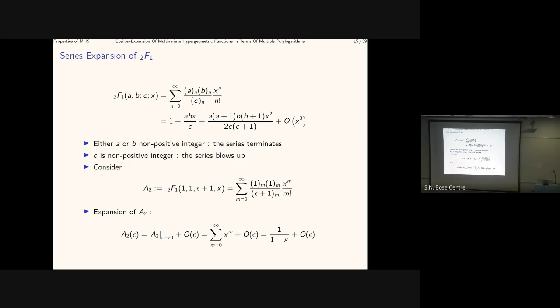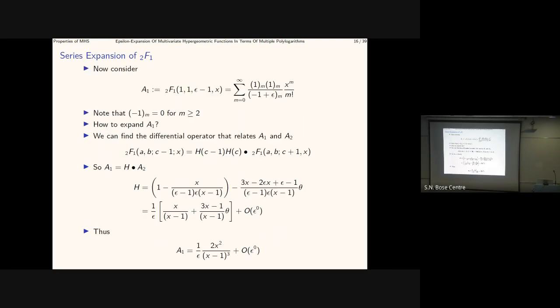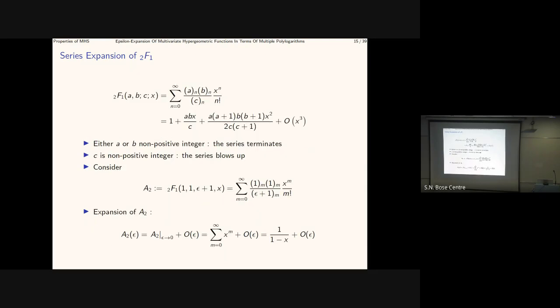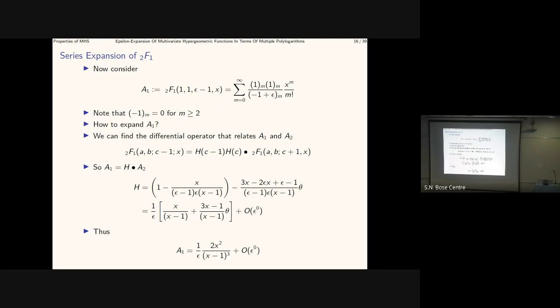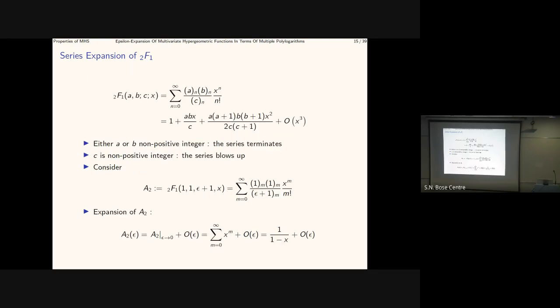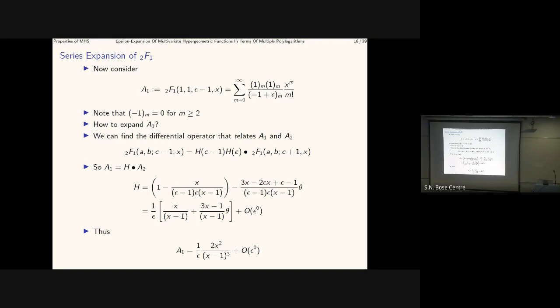We can do that. Now we consider another function, but instead of epsilon plus 1, we have epsilon minus 1 here, but everything else is the same: 1, epsilon plus 1 previously, and now 1, epsilon minus 1. In this case, we cannot directly put epsilon goes to 0, because at some point the Pochhammer symbol minus 1 to the m will be 0.